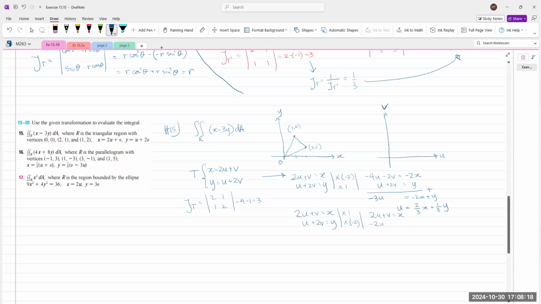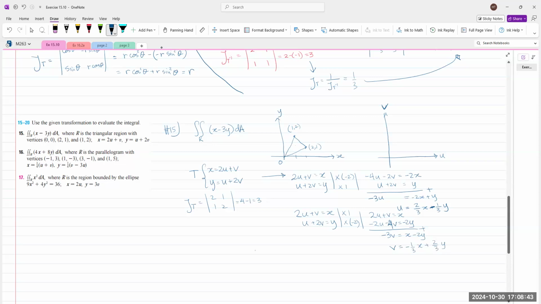Negative 2u minus 4 phi equals negative 2y. When I add, I get negative 3 phi equals x minus 2y. So phi is, I'm sorry, this should be minus here. Phi is negative 1/3 x plus 2/3 y.